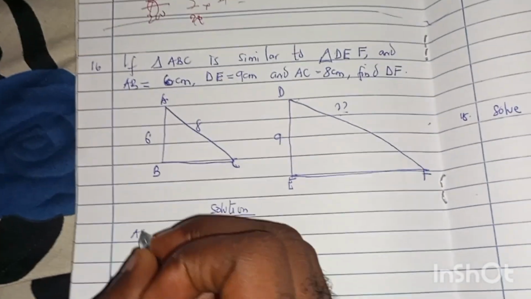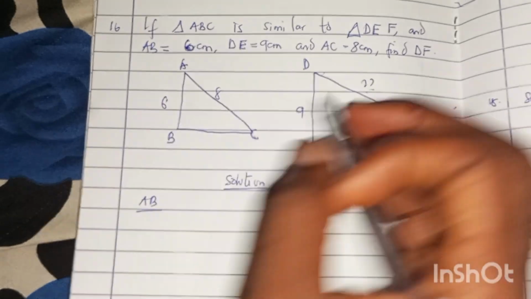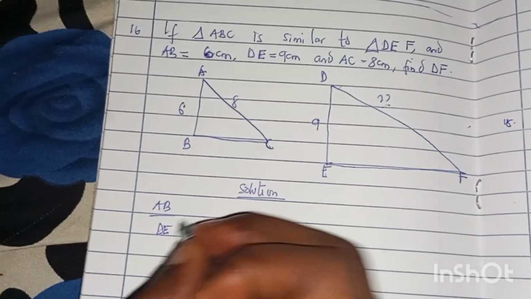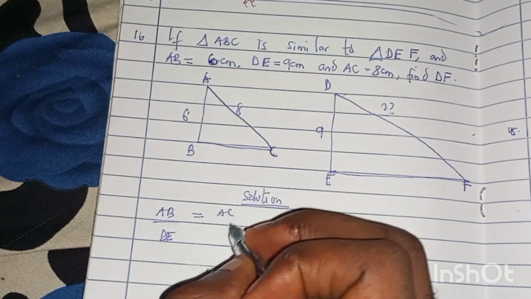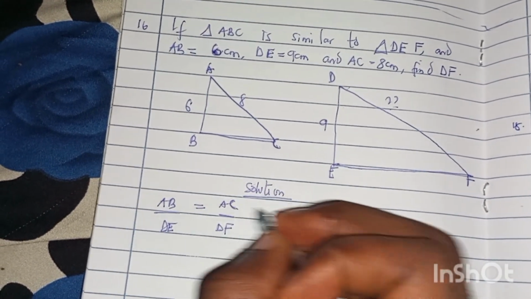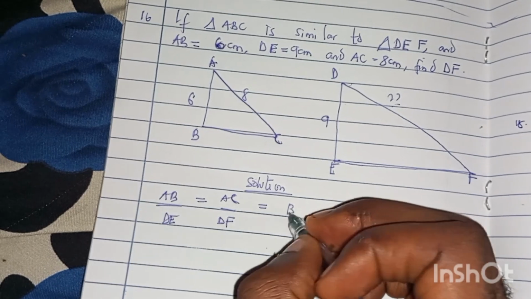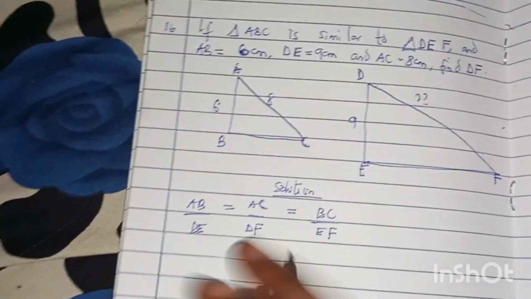So we take AB all over the corresponding side, which is DE. It must be the same thing as AC all over what? DF. And must be equal to BC all over EF.